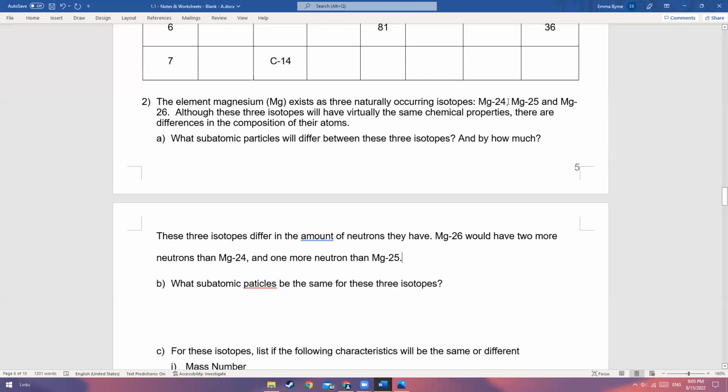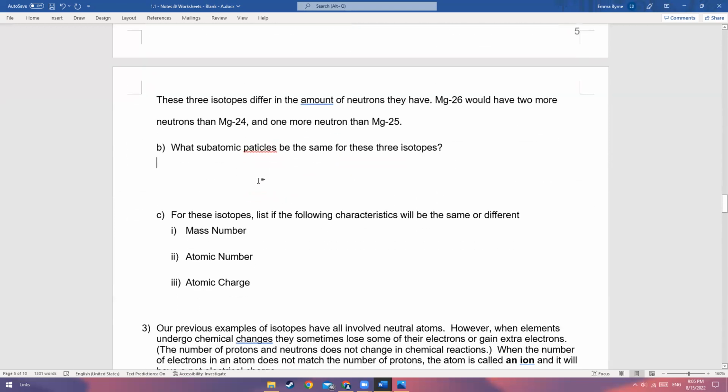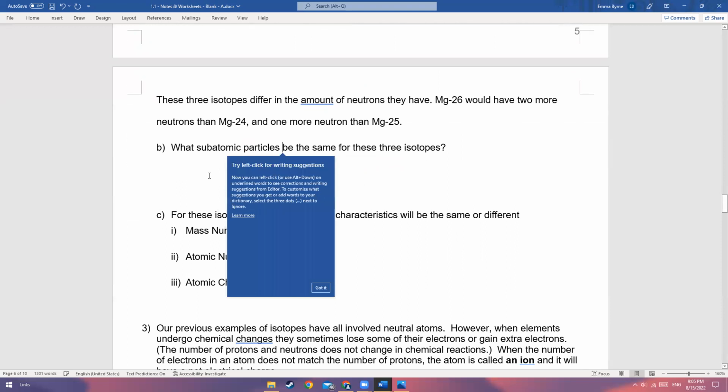So that's just by looking at the mass number next to each of them, doing a little subtraction. So that is A.